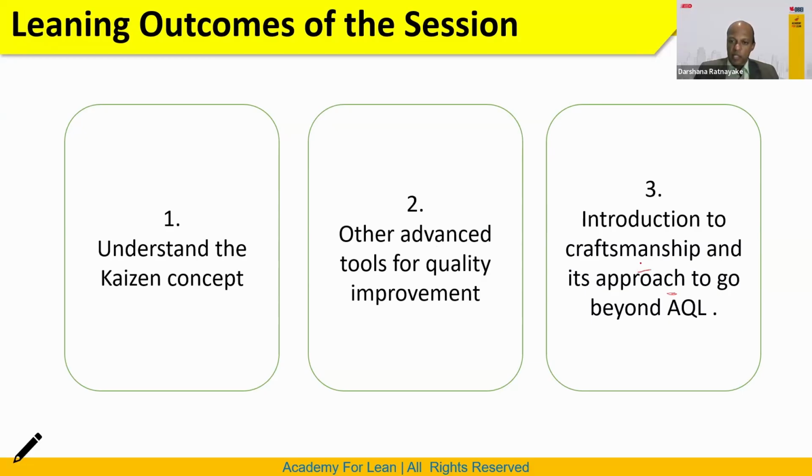And last but not least, we learn about craftsmanship and going beyond AQL level. Remember that the most important word is this: beyond AQL level. This is the third outcome of the day.